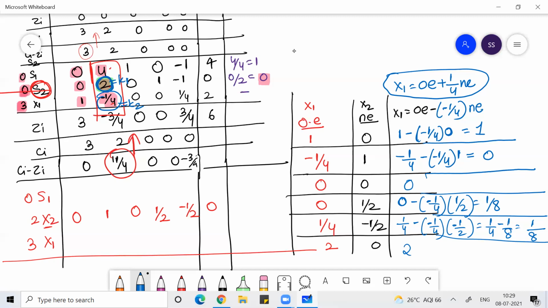This would be 2 minus 1 by 4 into 0. This would be 2. I can write down these values: 1, 0, 0, then 1 by 8, then 1 by 8, and then 2.